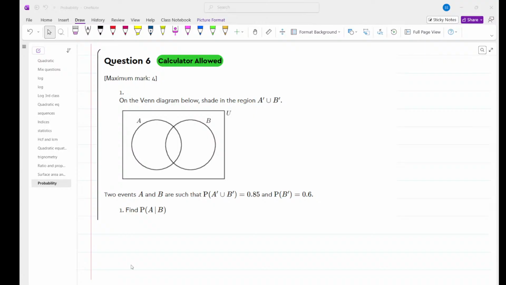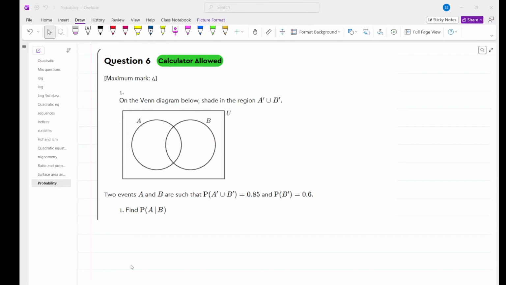So the probability of A's complement union B's complement is... find. Oh, okay. So that is finding the probability. Wait, what? Find the probability of what? Like A when B is given? What is that?